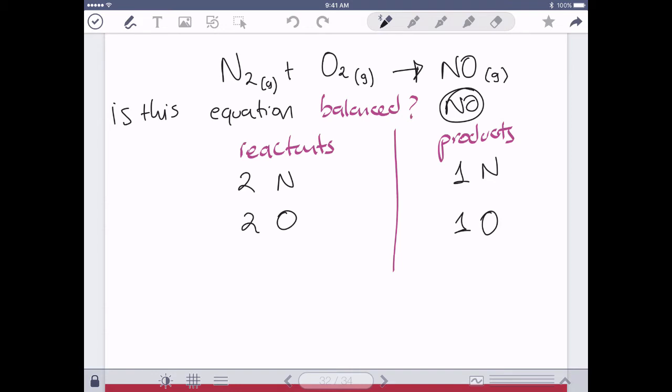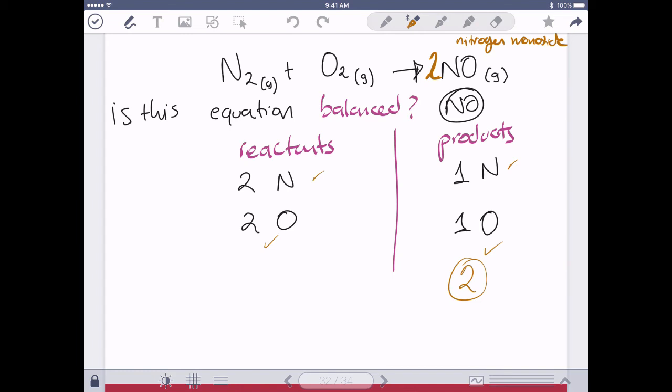I'm going to use coefficients in front of each of the elements in order to balance it. I have 2 nitrogen and 2 oxygen in the reactants. For a factor of 2, I need to increase the number of nitrogen and oxygen in my products. So I can add a coefficient in front of the nitrogen and oxygen compound, which is nitrogen monoxide, to balance my equation.